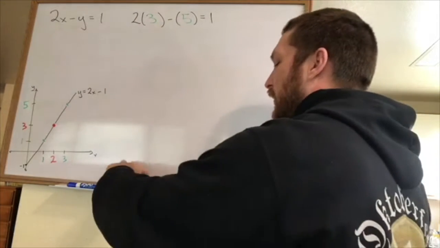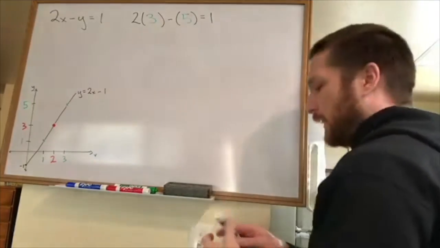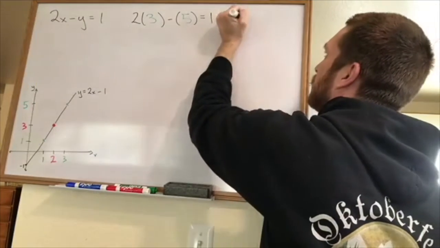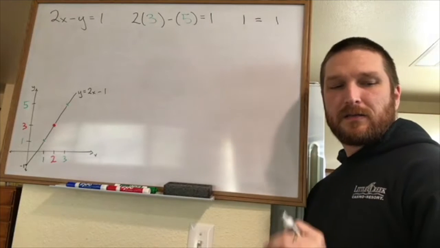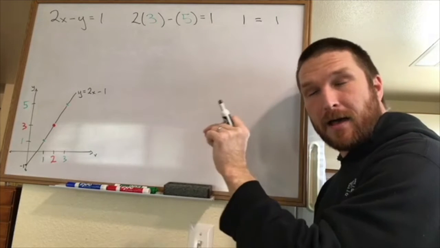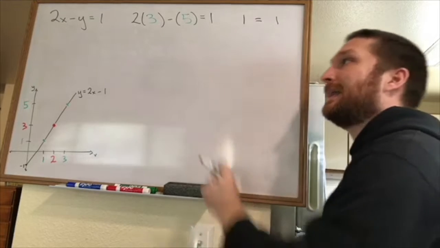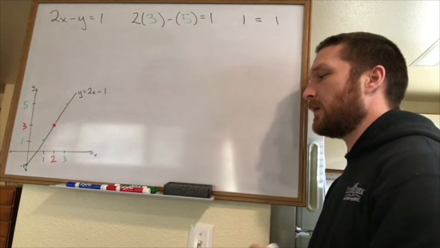In other words, what I've just written up there is 1 equals 1. Obviously true, right? So let's think about this. I take a point that is on the line, plug it in, and I get something that is obviously true once we evaluate it, right?